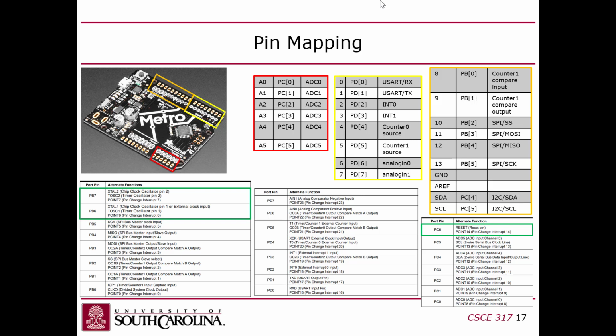The other thing I noticed when I was building this is that PB6 and PB7 are not connected to anything on the header. Likewise, PC6 is not connected to anything on the header, although that pin is used for reset, so I think they actually connected it to a reset button. There's a reset button up here where you can press that button.